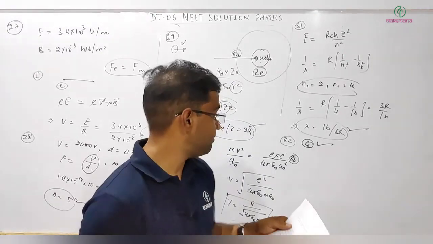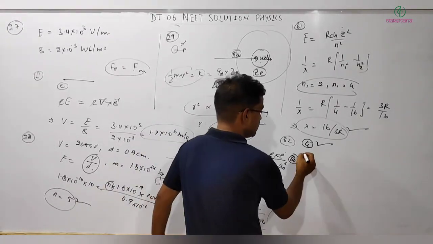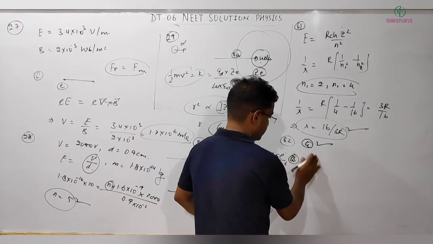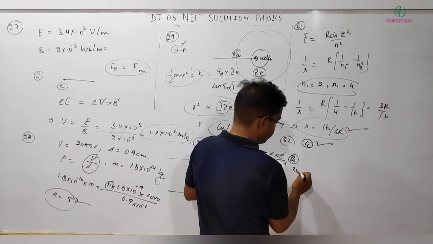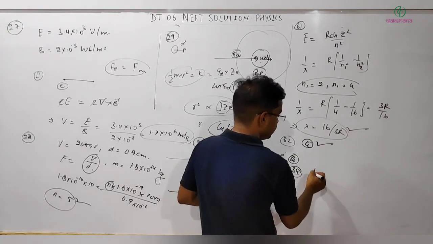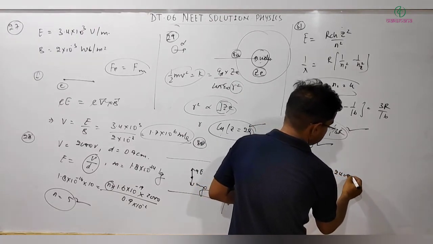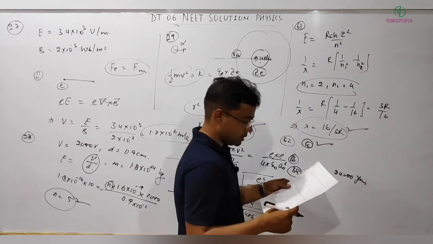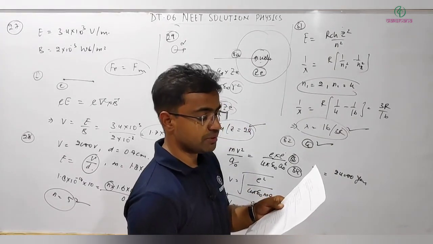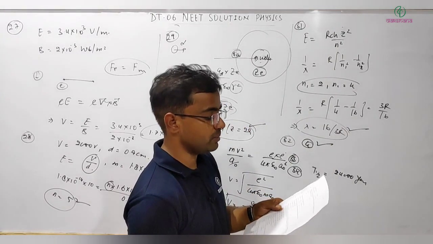Question number 34. Plutonium decay with a half-life of 24,000 years, and now it's talking about plutonium stored for 72,000 years, and the fraction of plutonium that remains.